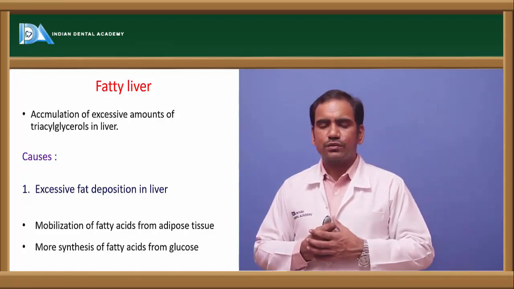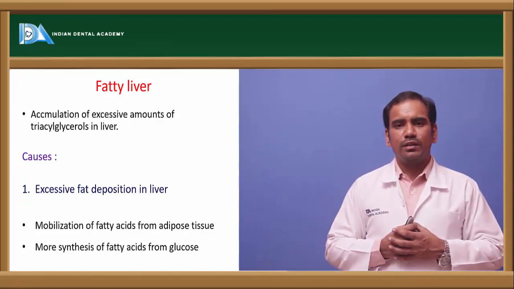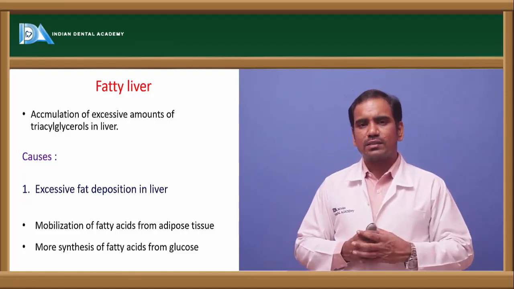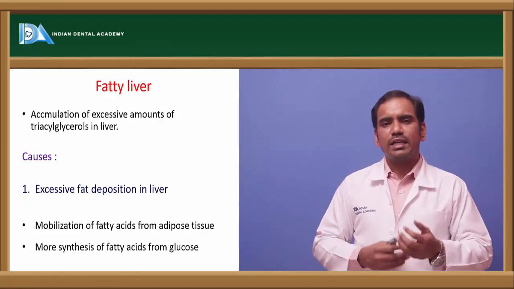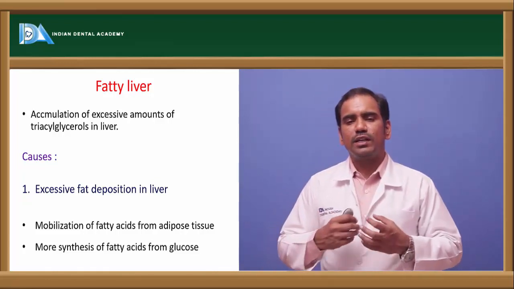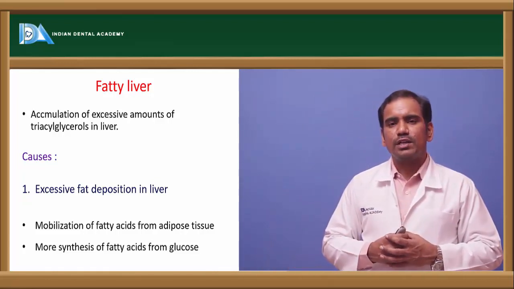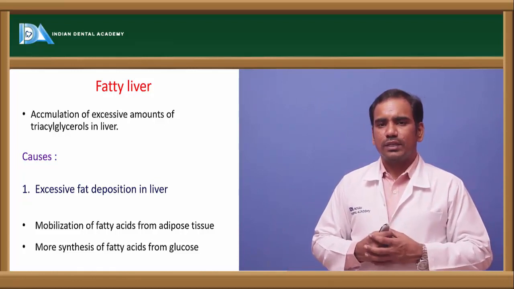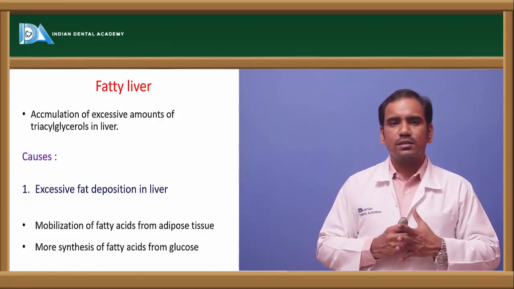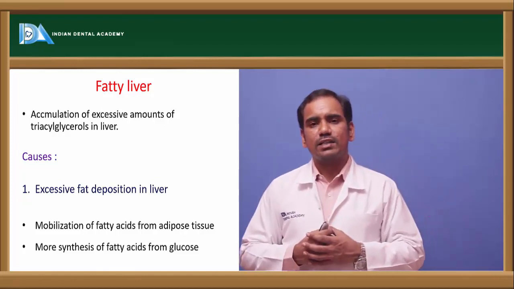Now coming to the first one, excess fat deposition in the liver. Why does this excess deposition of fat occur in the liver? Whenever there is increased mobilization of fat from the adipose tissue, that leads to increased accumulation of fat in the liver. That is one reason, and the other reason is more synthesis of fatty acids from glucose.